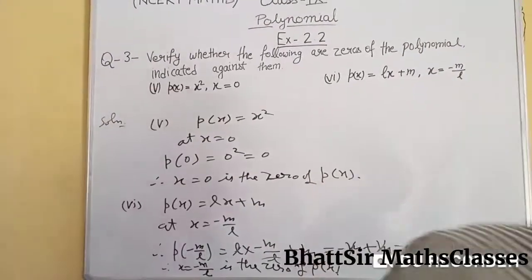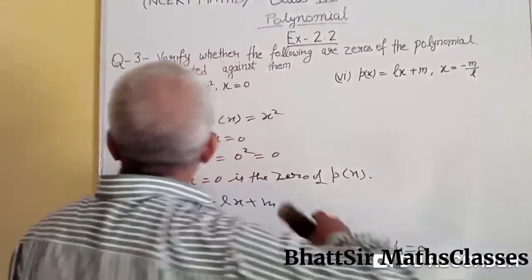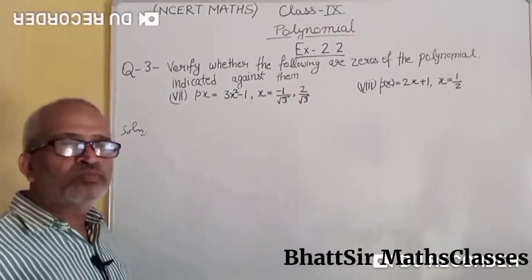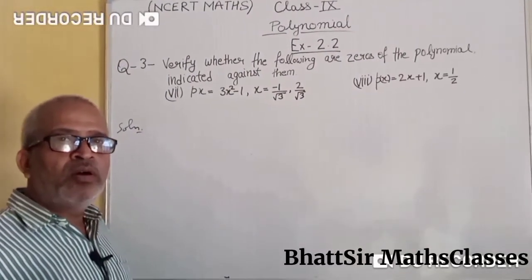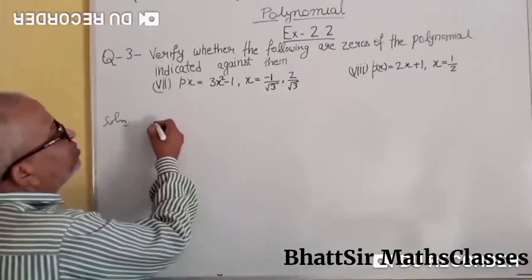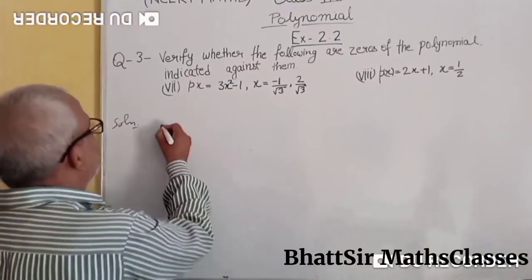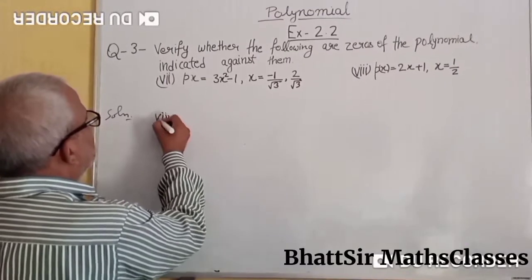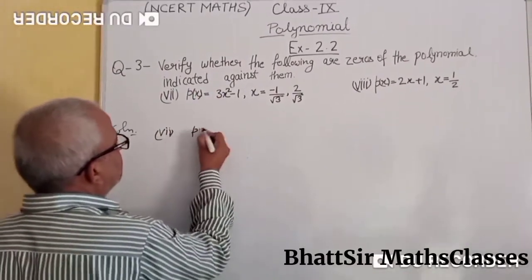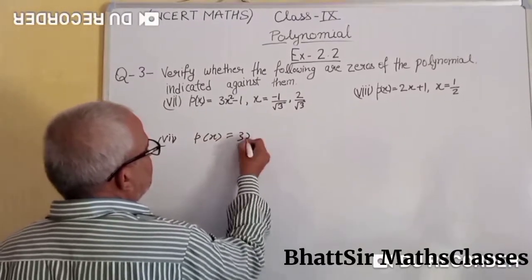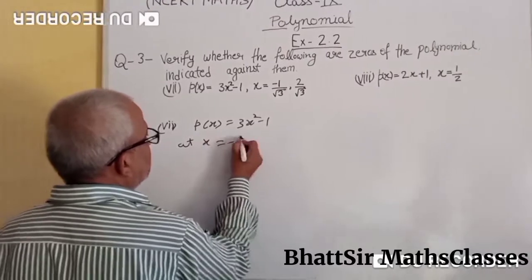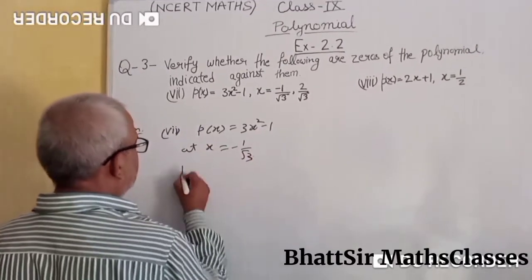So now I am proceeding to the 7th and 8th parts. Now I am giving a solution of the 7th part of question number 3, exercise 2.2, chapter Polynomials. P(x) equal to 3x square minus 1 at minus 1 upon root 3.